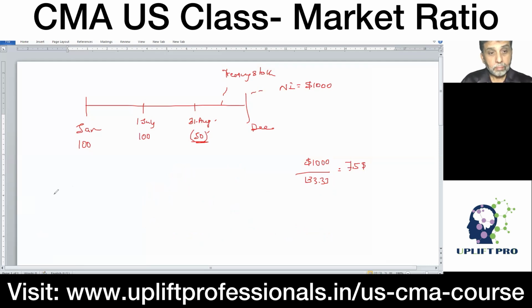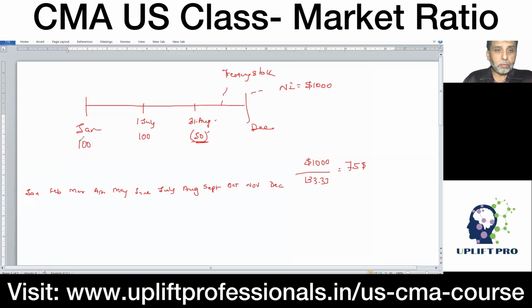Suppose you have full January to December. Jan, Feb, March, April, May, June, July, August, September, October, November, December.